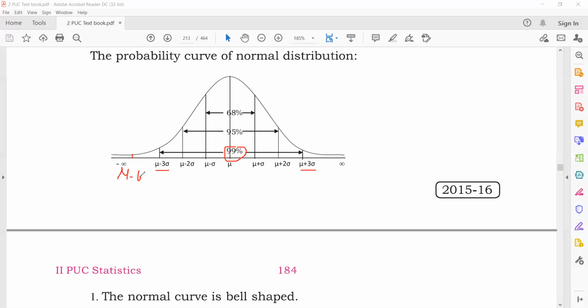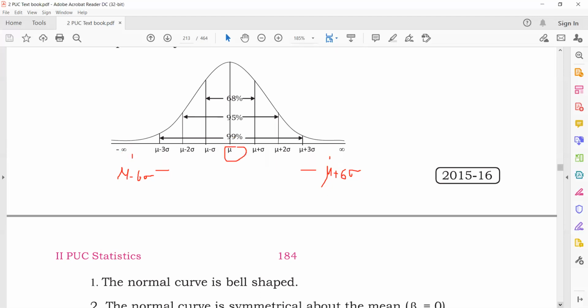So this 99% is telling you that if you produce 100 items, one will be defective based on the mu and sigma, how you have defined it. So the concept of 1 in 100 or 1 in 1000 was established. Now in the modern application of statistics, they talk about 6 sigma limits, 8 sigma limits, 9 sigma limits.